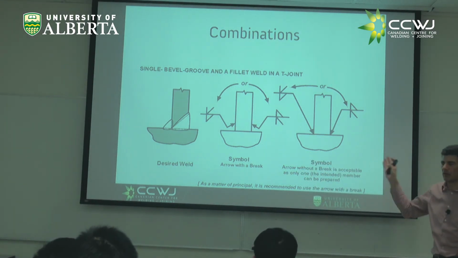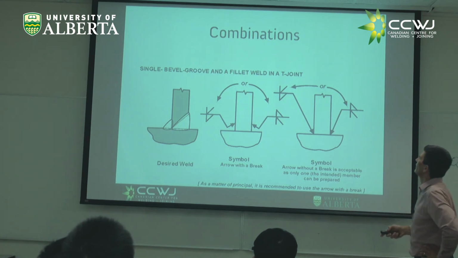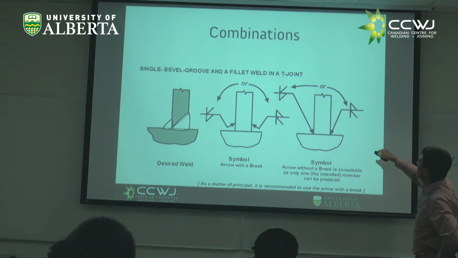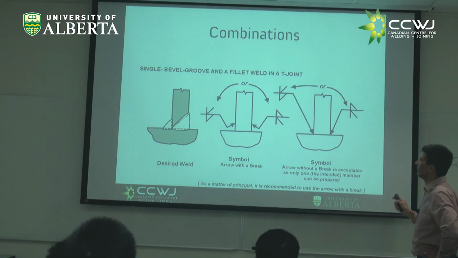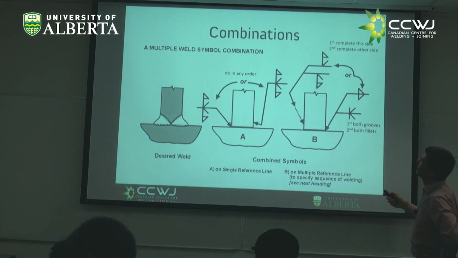I don't know why they want to do it like that, but they are telling it very clearly, right? And here too, you can say it that way. And the break says in which way you should do the bevel too, right? I think it's pretty cool.